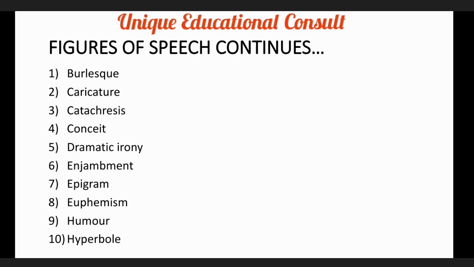An example of this is when a literary writer tries to paint the picture of a dirty person in the society, then the picture of a pig can be seen with the head of the person in question. That is only to show that the person is very dirty in nature. So that is what is meant by caricature.